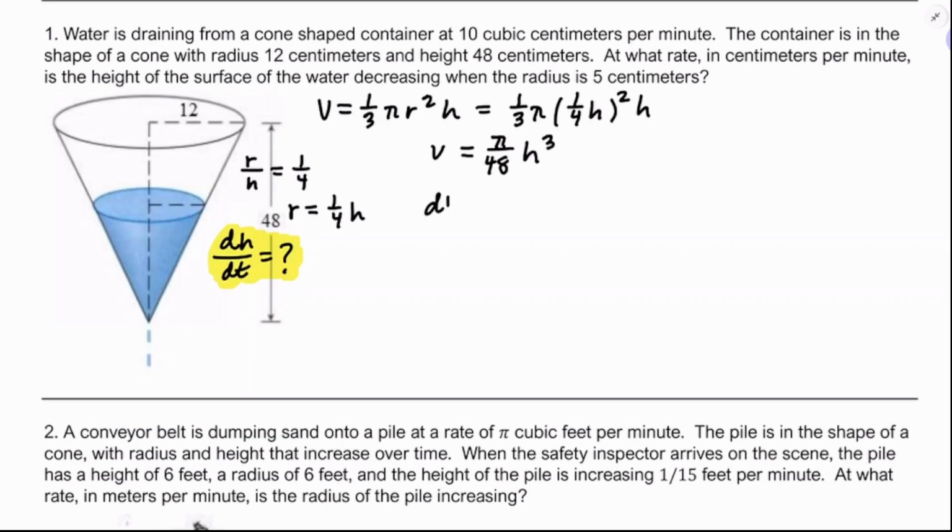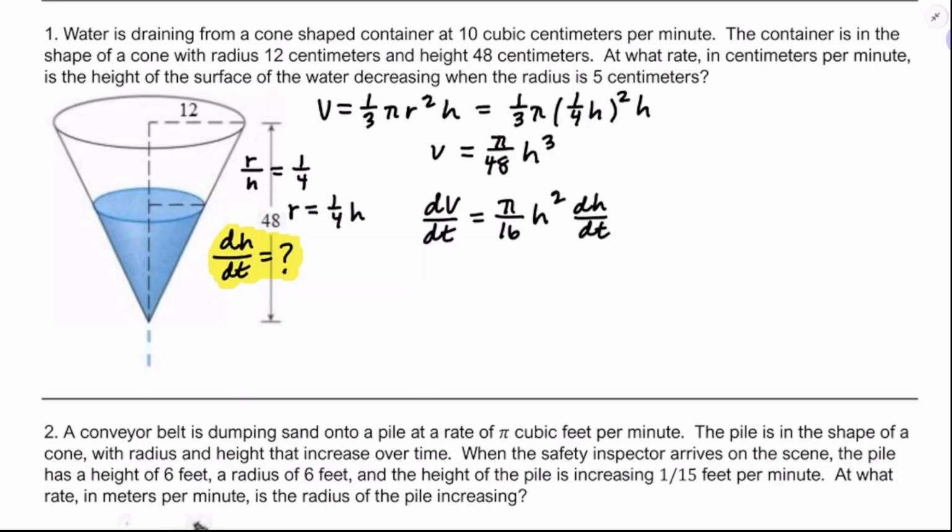So I can take the derivative of volume with respect to time and get 3 pi over 48, which would be 1 pi over 16. It actually might have made sense to leave the denominator unsimplified as 3 times 16. If it's not arithmetic you're super good at, you would have ended up canceling it anyway. Pi over 16, h squared dh dt for the chain rule.